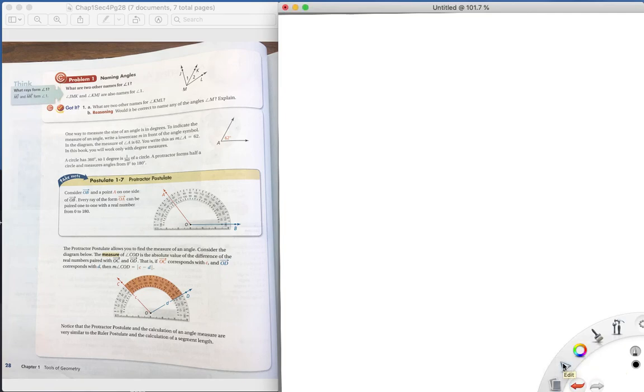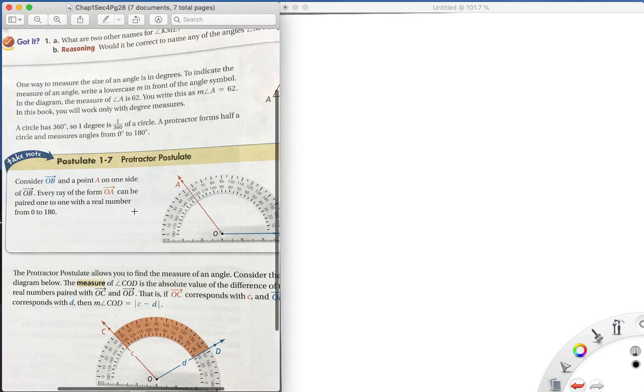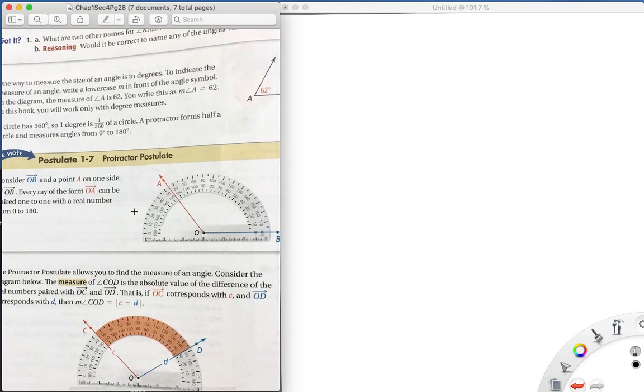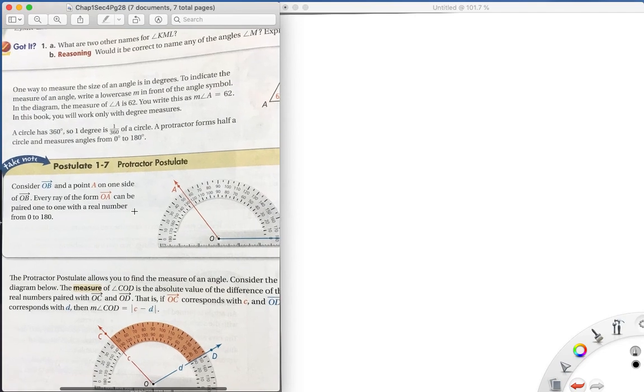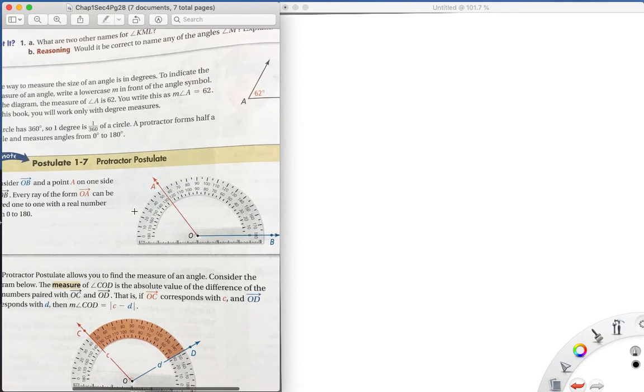Protractor postulate. What the protractor postulate says is that consider ray OB and a point A on one side of OB. Every ray from OA can be paired with one real number from 0 to 180.